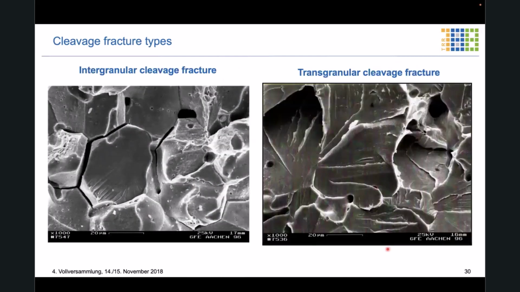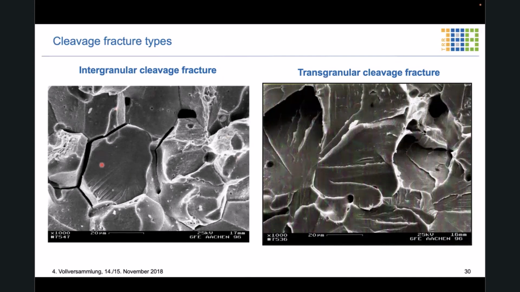If we have a closer look at the corresponding fracture surfaces, we see that the cracks either propagate along the grain boundaries, then we call them intergranular cleavage fractures, or across the grains, then we call this the transgranular fracture.